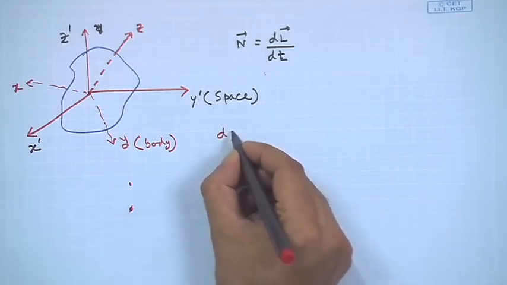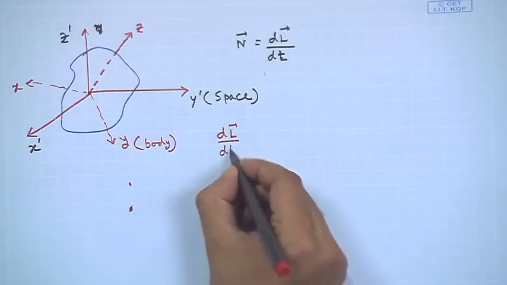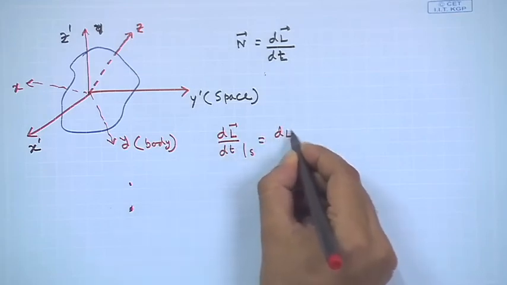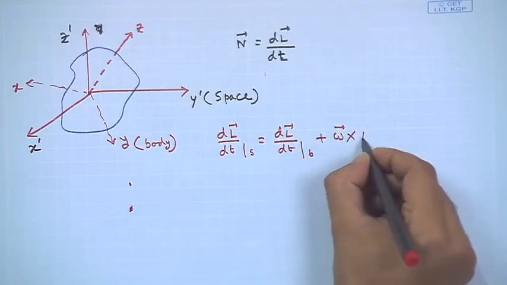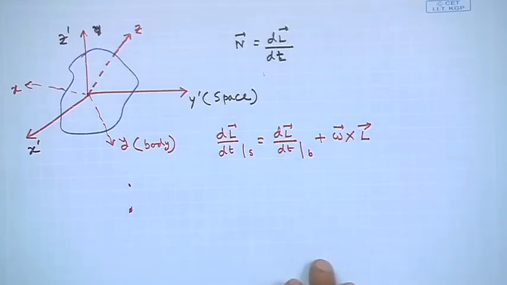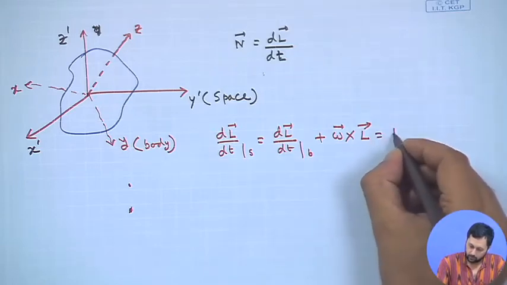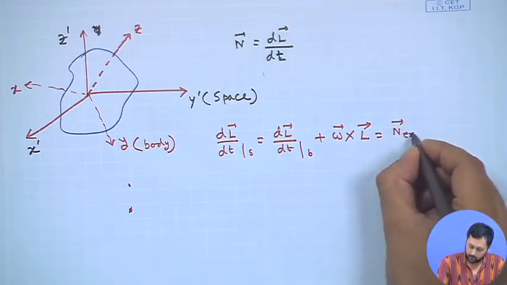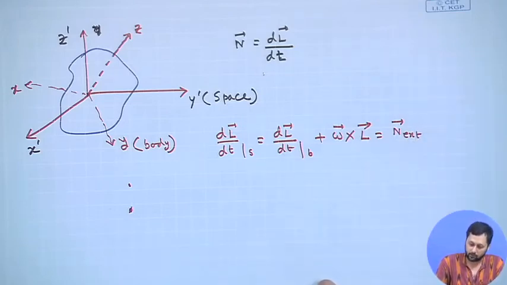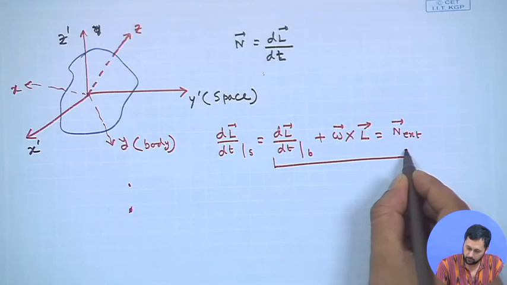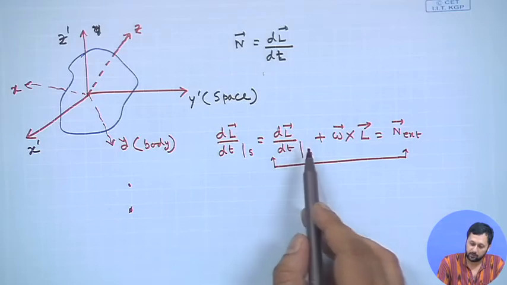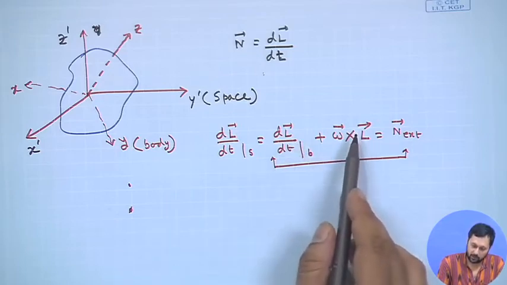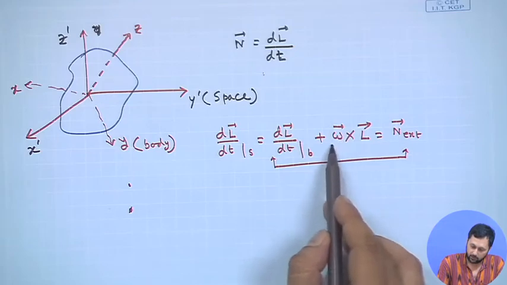Now, dL/dt in space will be equal to dL/dt in body plus omega cross L. And this will be equal to N external, the total external torque. So, this will be the equation if we are measuring angular momentum from a coordinate system which is rotating with the rigid body with a velocity omega.